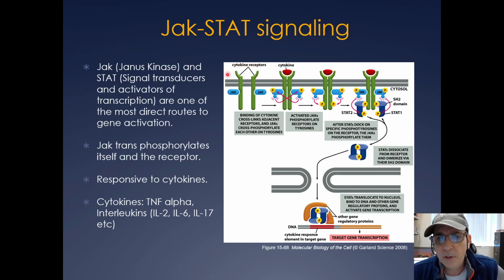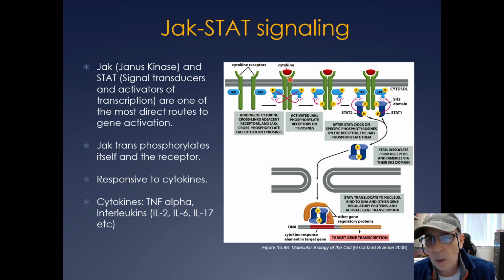If you remember in Part A of today's lecture, I talked about the cytokine storm that can happen with COVID-19. Here you have your cytokine receptor with the Janus kinase, Jak, bound to it.